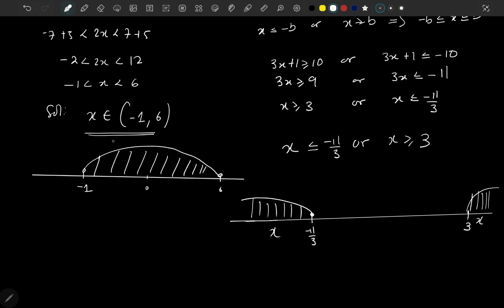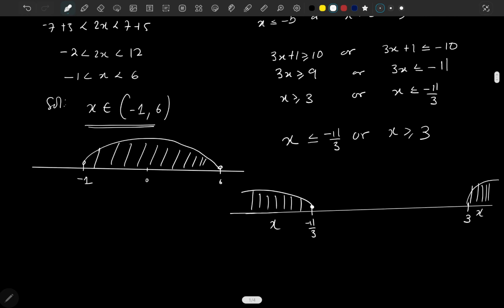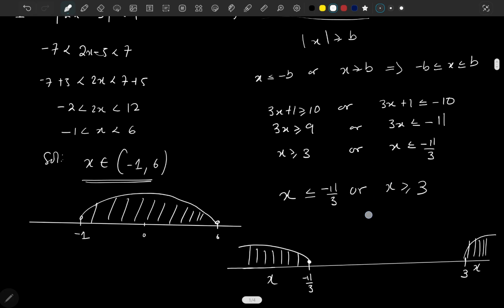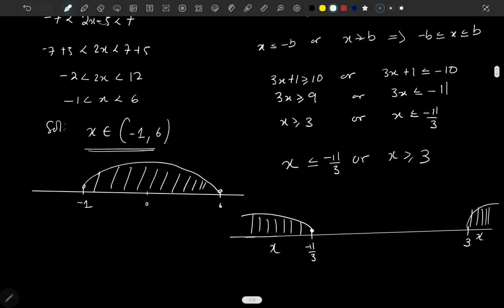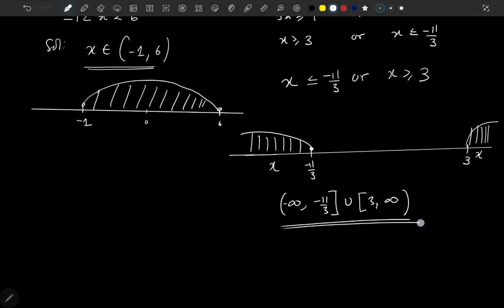It's different from the case for less than, which is an intersection type of arrangement. For greater than or greater than or equal to, it will always be a union. So our answer is negative infinity to negative 11 over 3, included, union 3 to positive infinity.